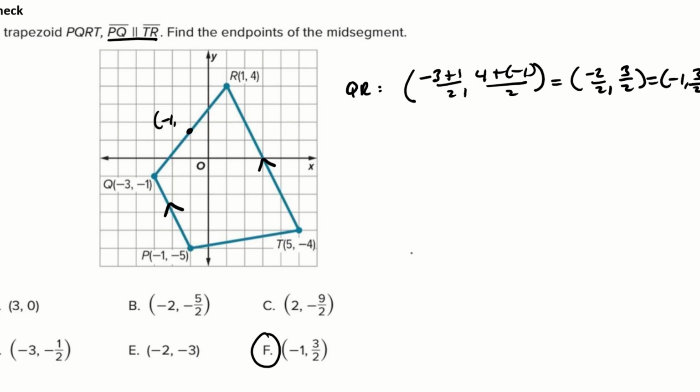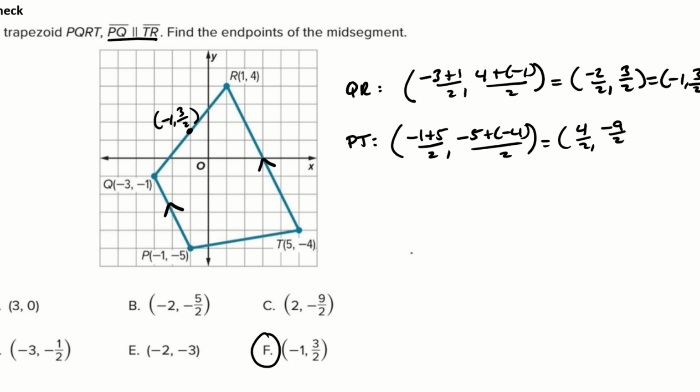All right, and then let's do PT. So add the x coordinates together, -1 plus 5 divided by 2. Then do the y coordinates, -5 plus -4 divided by 2. So we get 4 divided by 2, and then we got -9 divided by 2. All right, so we got 2, comma, -9 over 2.